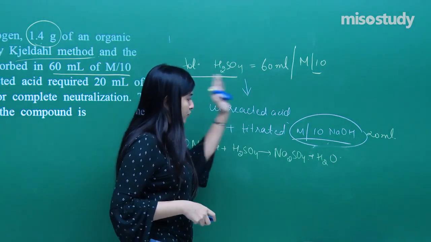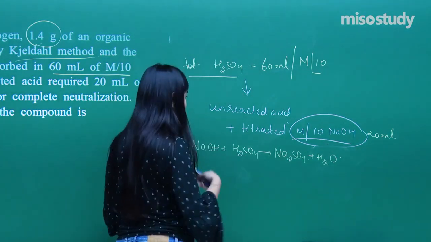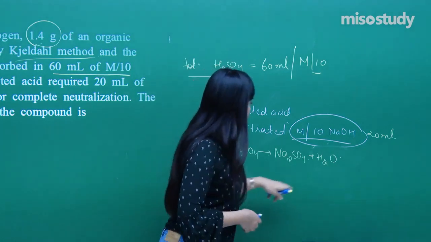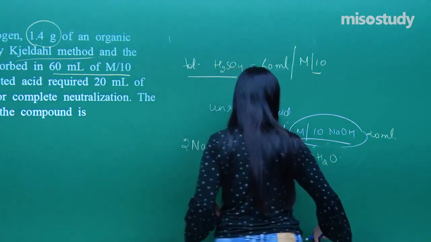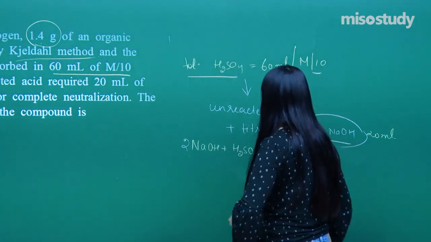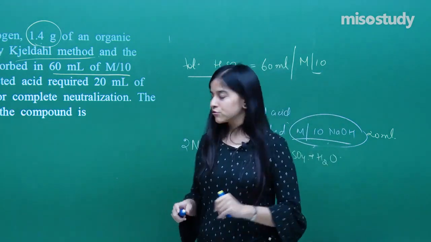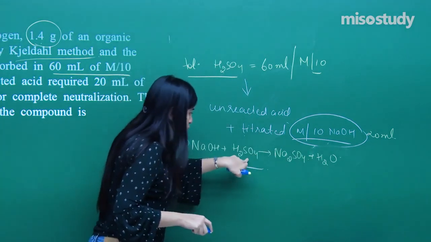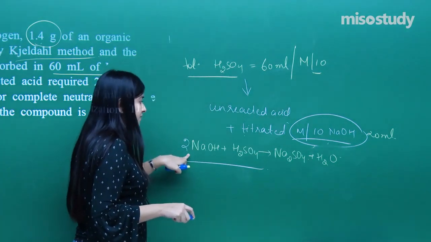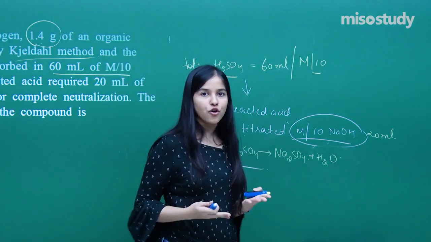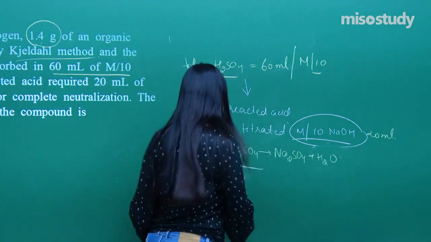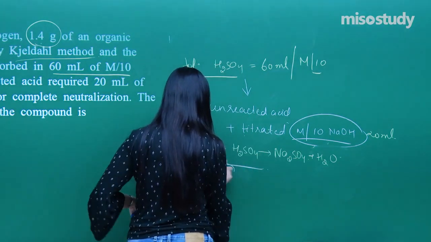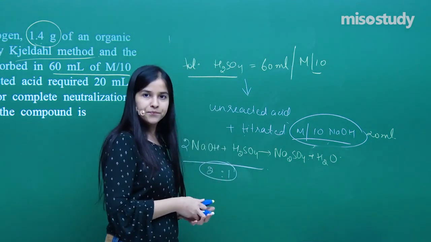Now you can check whether the number of oxygens and hydrogens balance. We are not concerned about it, but what we are concerned about is that H2SO4 neutralizes twice the amount of NaOH. So that is a 2:1 ratio which is going on over here, right?